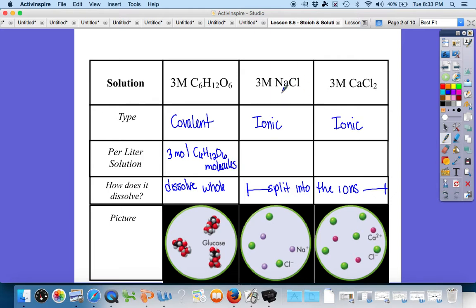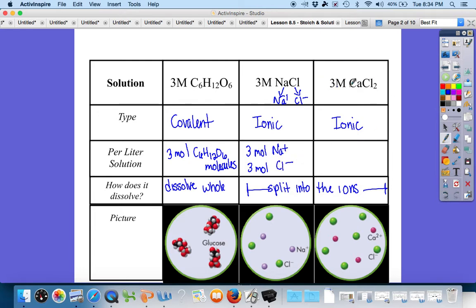Sodium chloride is going to split into sodium ions and chloride ions. So there's only one of each of these ions in our chemical formula. So we are going to have 3 moles of our sodium ions as well as 3 moles of our chloride ions.